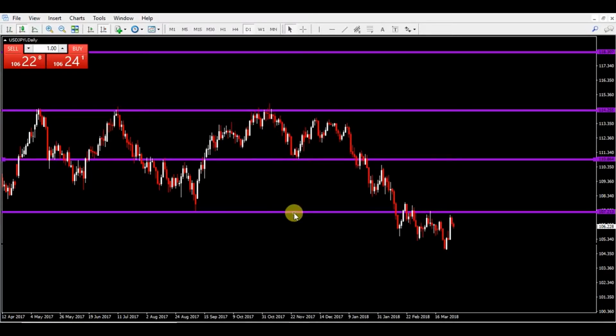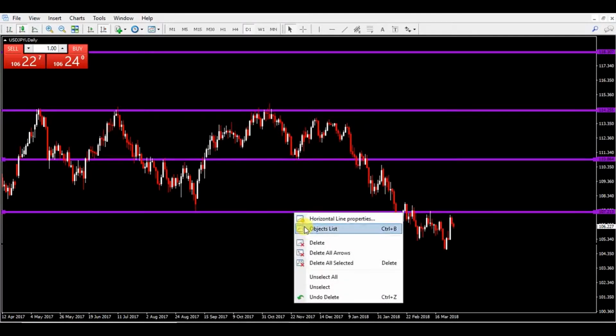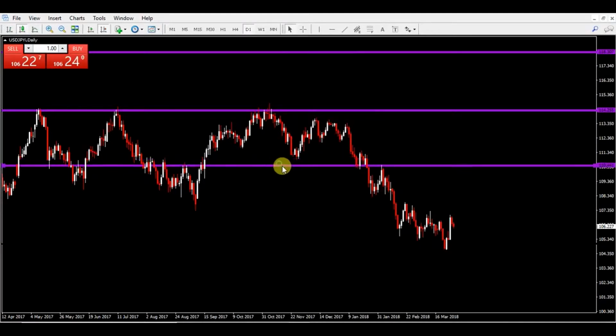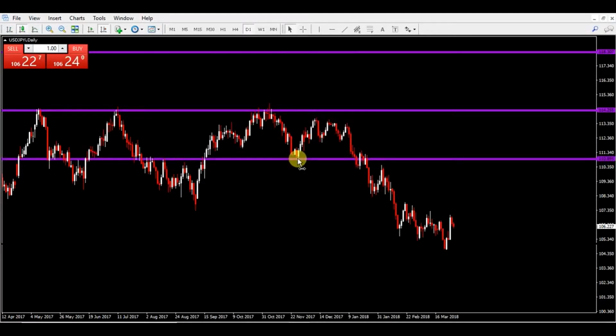All right. So let's even delete this support resistance area and just focus on this one. We've seen consistently the market came up, bounce, bounce, bounce, and this one right here is a major support area. It came through, broke through, retested, bounced, bounced, bounced, broke through, came down, retested, bounced.